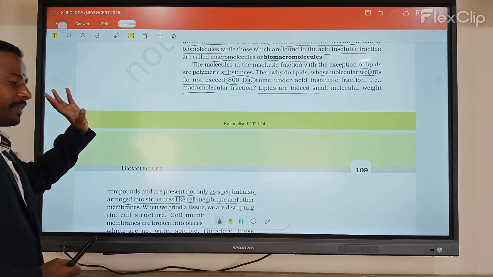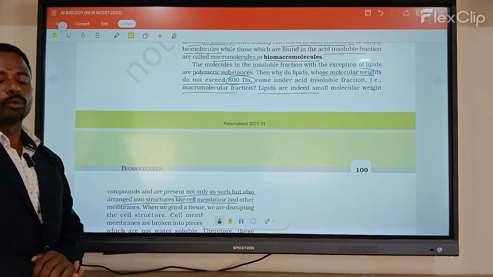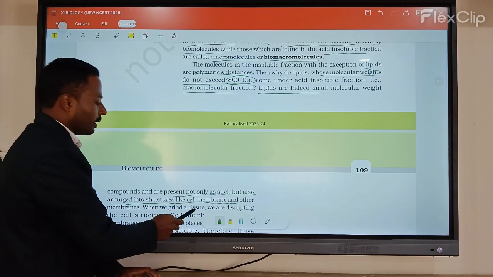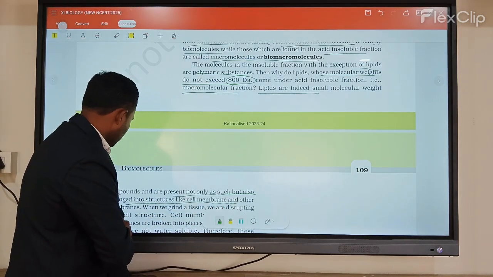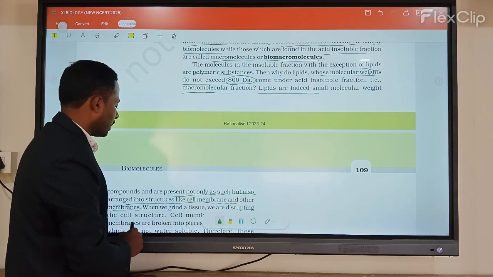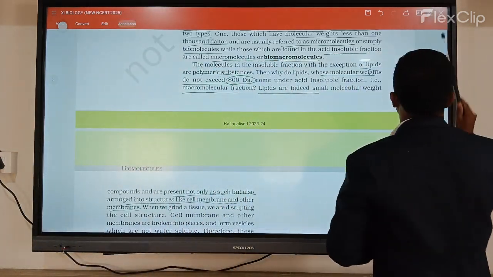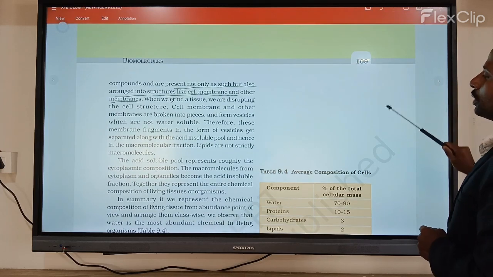So basically, lipids are also kept under macromolecules.